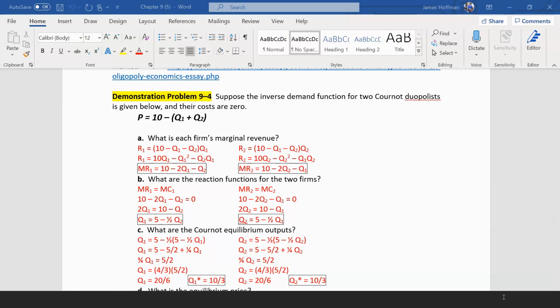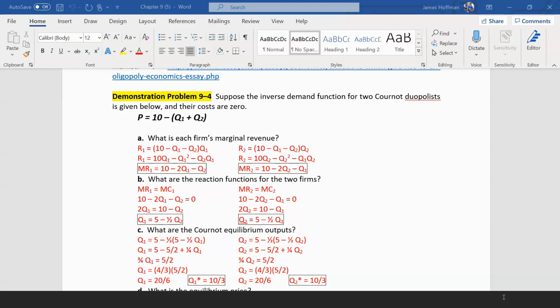The only difference here is we have two firms, so it's going to be MR1 equals MC1 and MR2 equals MC2. Okay, so that's the reaction function. It's their profit maximizing condition, and it should be a function of the other firm's output.